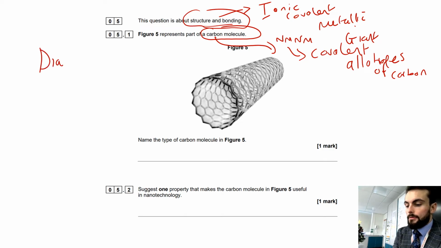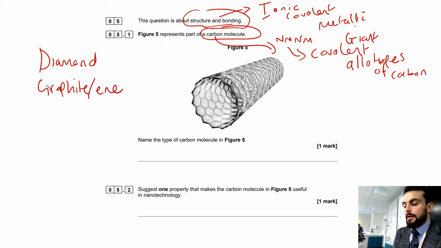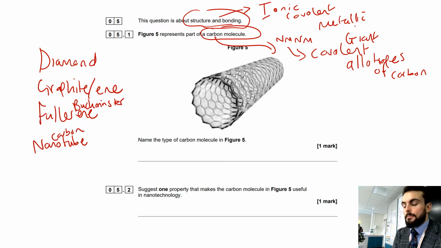You've got diamond, you've got graphite and graphene, and you've got the fullerenes, such as the Buckminster fullerene, which is the big spherical one. You've got nanotubes, carbon nanotubes. They're the ones you need to remember when you're talking about carbon allotropes, giant covalent structures.